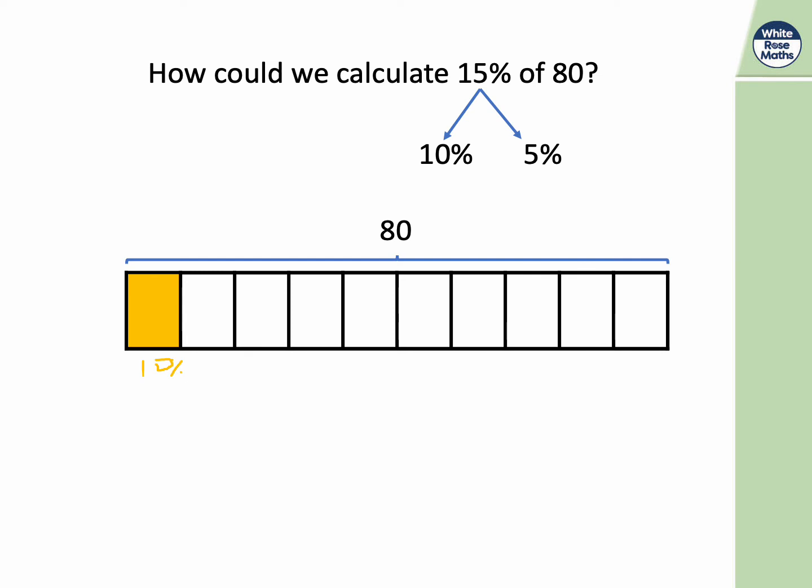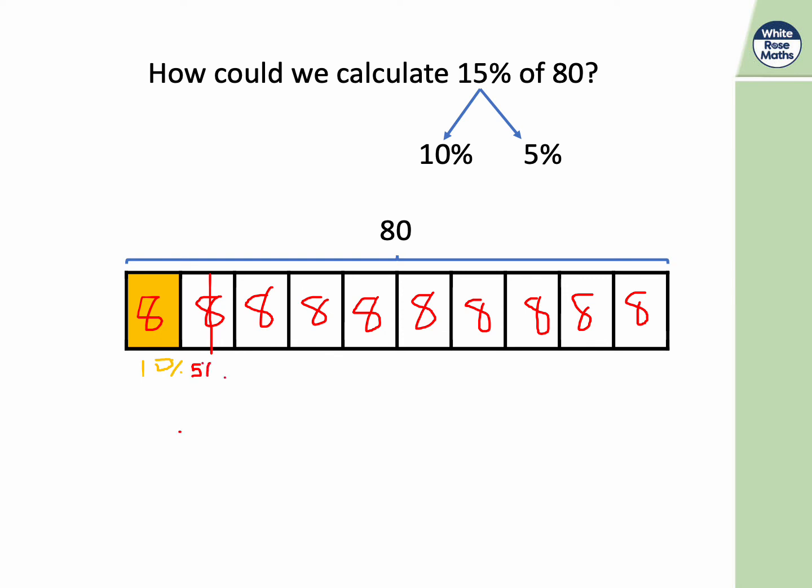So each of these boxes or bars, you could say, represents 8. And then 5%, well, that's half of 10%. So if I split this in half, half of 8, I get 4. So 5% is equal to 4.